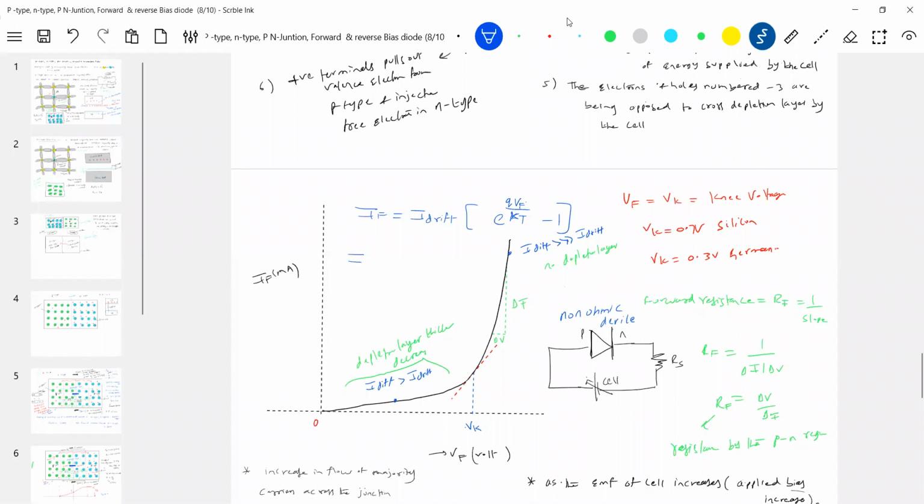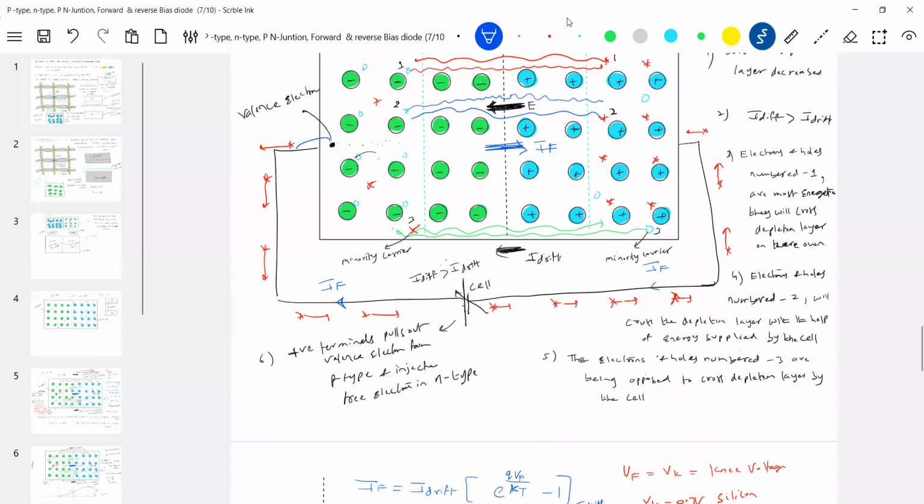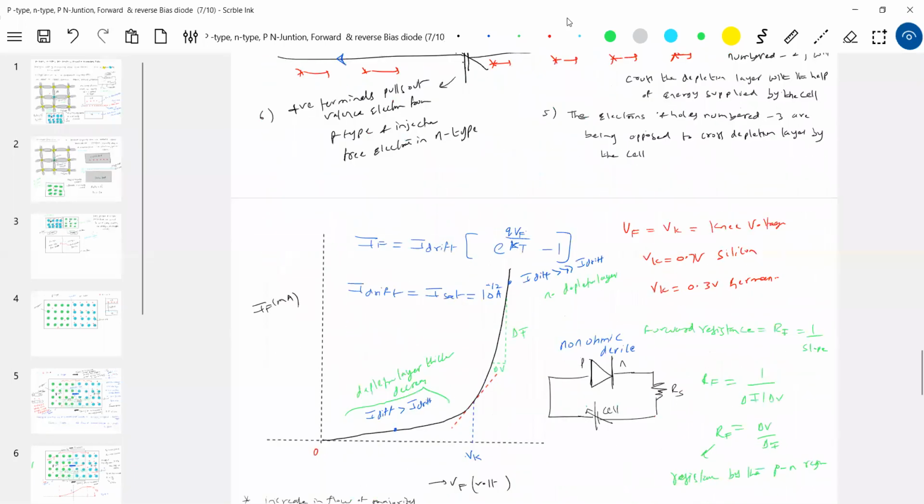This I drift is also called the reverse saturation current. It will be of the order of 10 to the power of minus 12, a very small current. What is the reverse saturation current?